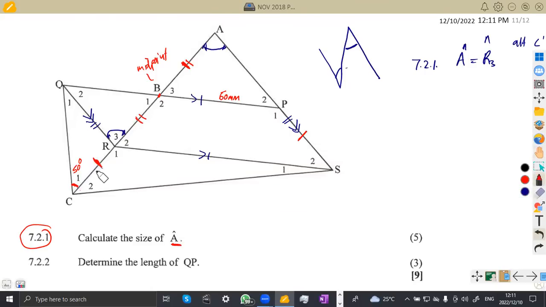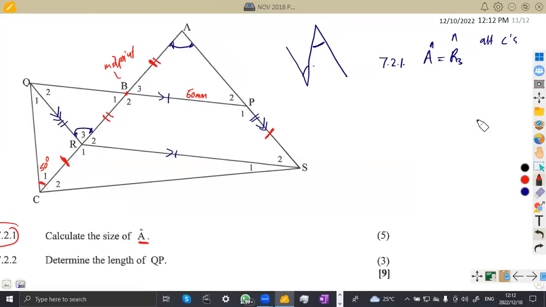We are given that this side, CR, and PS, these two lines are equal. And let's write down, because these reasons are very, very important. We have from R to C, which is equal to PS. These are equal, this was actually given.